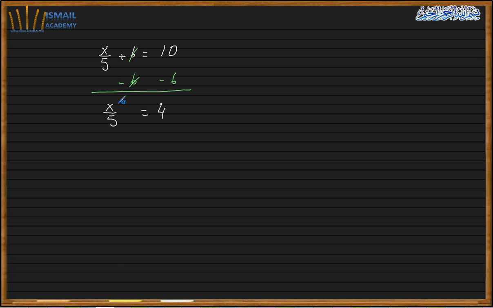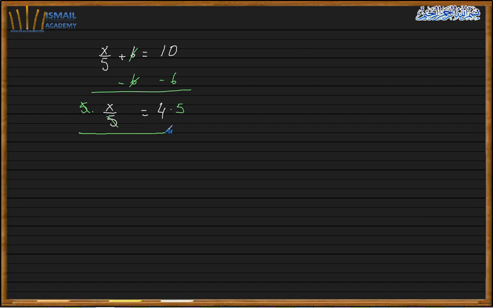This is another notation for division, so I multiply both sides by 5. This divided by 5 is just 1, so what's left is, when we multiply by the same number, x equals 20.